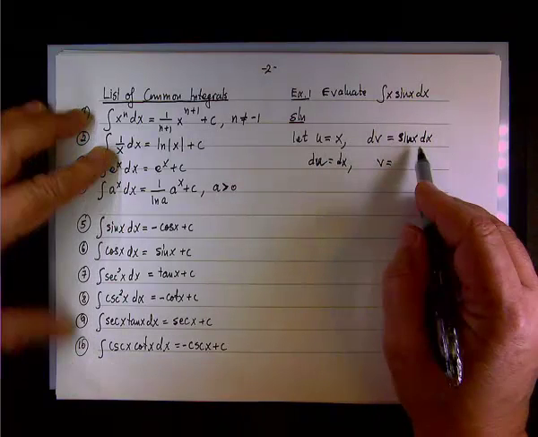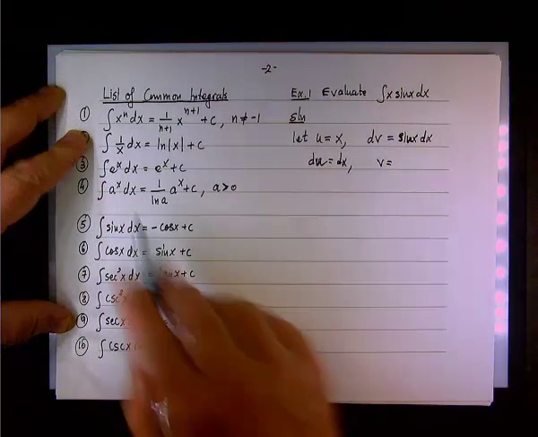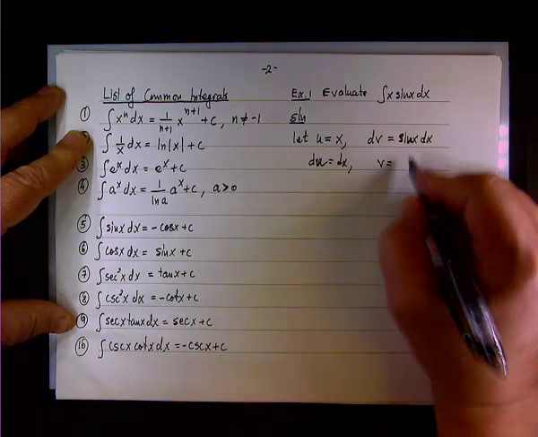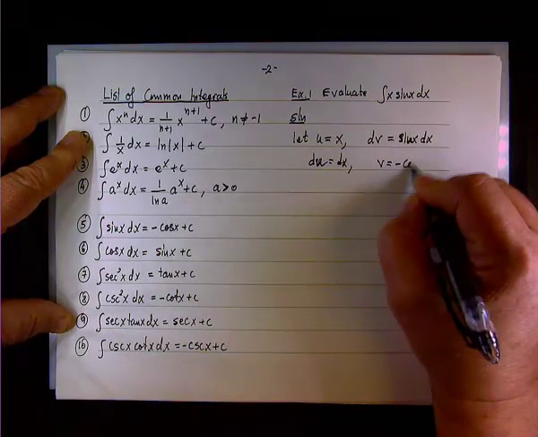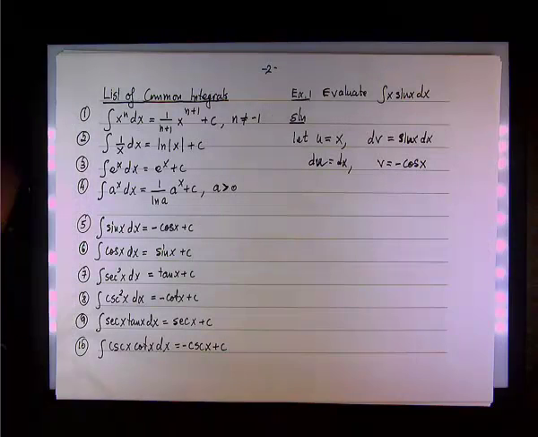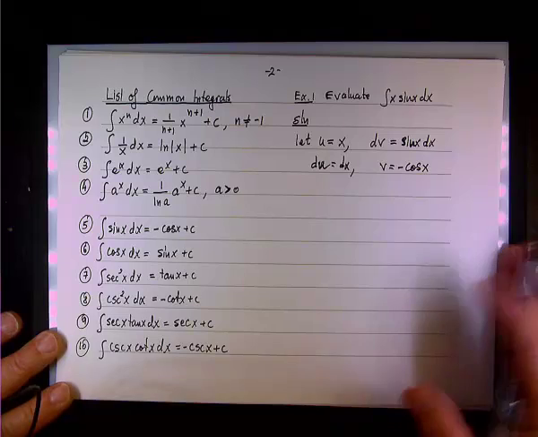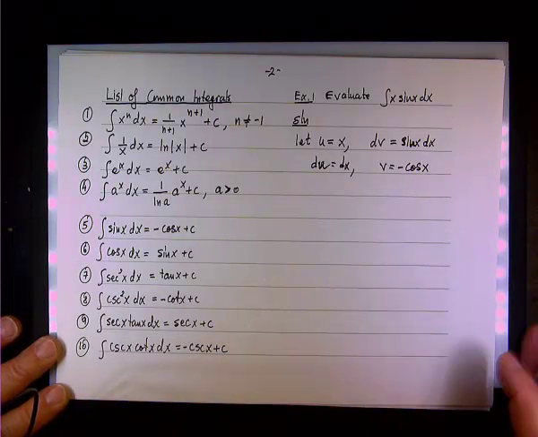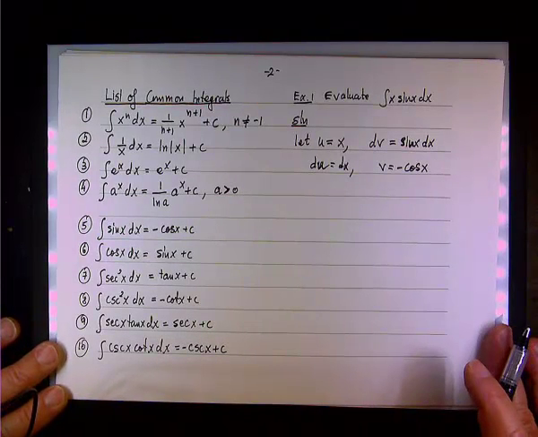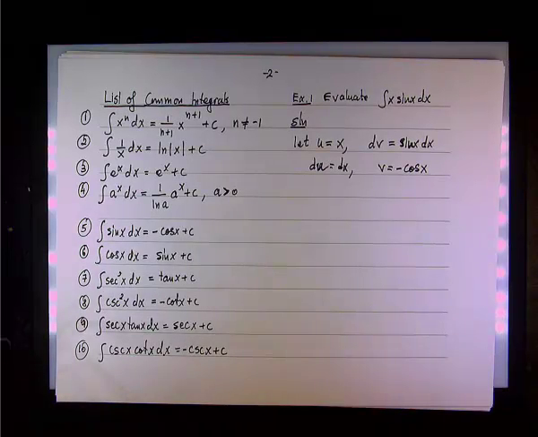The choice of dv equals sine x tells me that v is the integral of sine x dx, and I know it's going to be the negative cosine x. At this time, I just put the c aside, and I'll tack on the constant c at the end of the exercise.